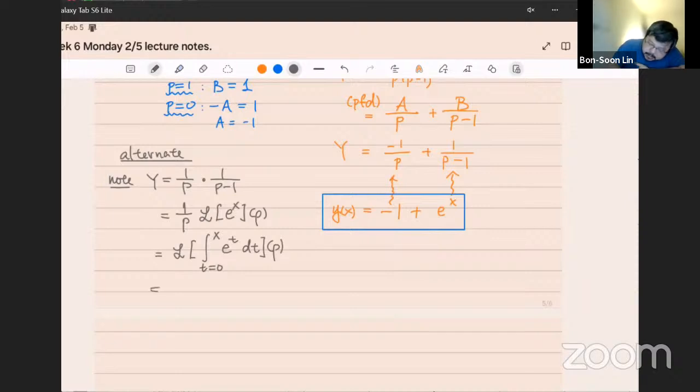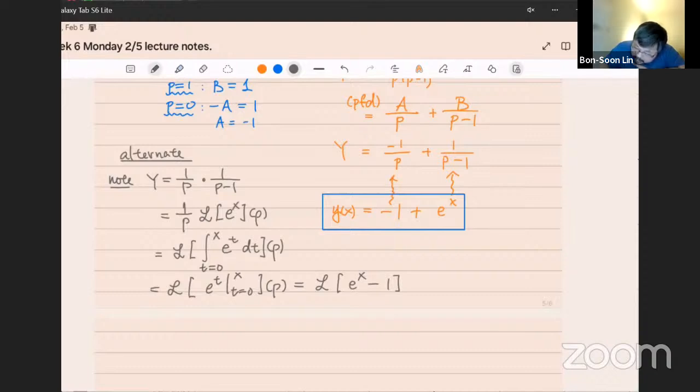Okay. Now this is the Laplace transform of, let's see, e to the t, the antiderivative is very easy, just e to the t, evaluated from 0 to x. This is the Laplace transform of e to the x minus 1, right? Yes.